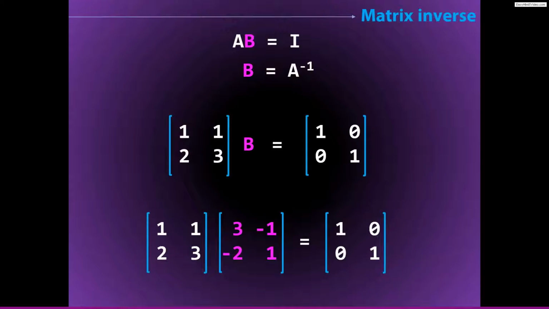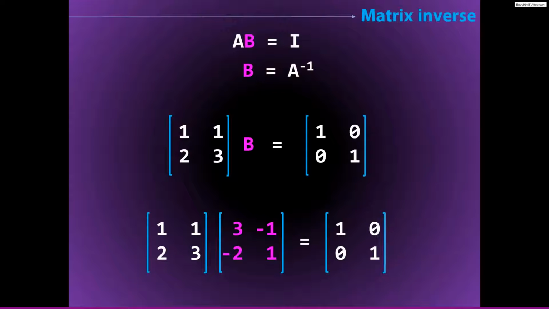There are two important things that I want you to know about the inverse, for this lecture and also for future lectures on generalized eigendecomposition. One is that not all matrices have an inverse. Only certain matrices have an inverse.